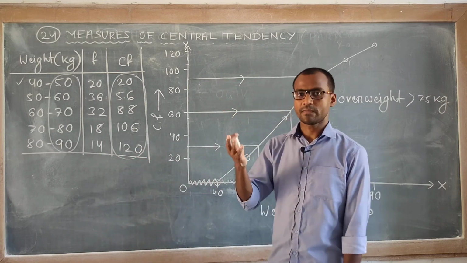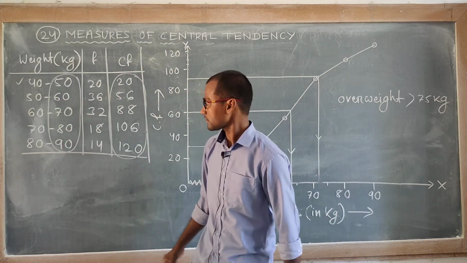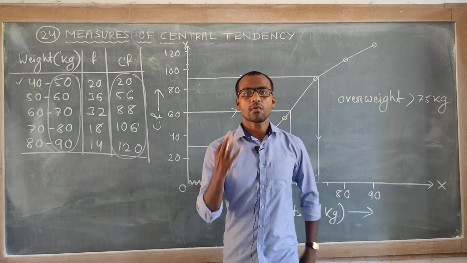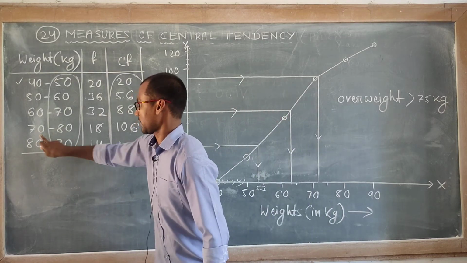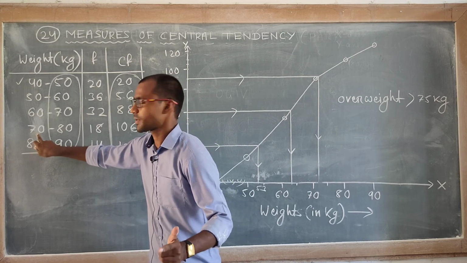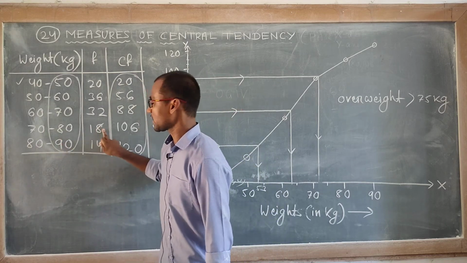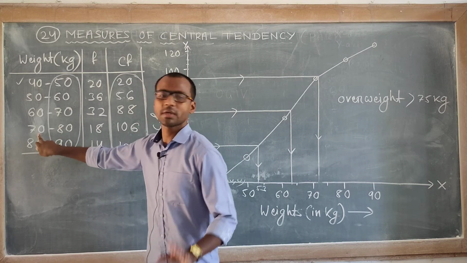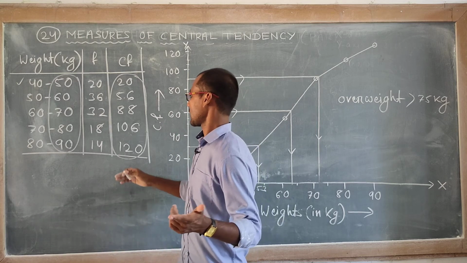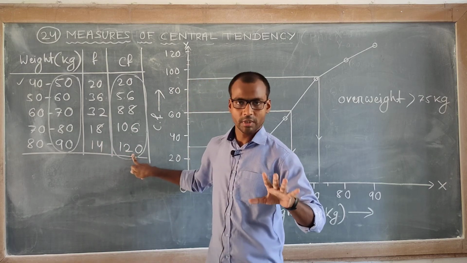So above 75. Again we will need the graph, because here there is no 75, as you can see, 70 to 80. Suppose it was given as above 70 kg, then we could have easily found it. Above 70 kg means 70 to 80 and 80 to 90, 18 and 14 students. Or we can say the total number of students is 120.